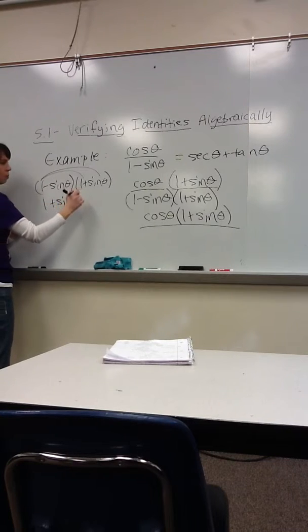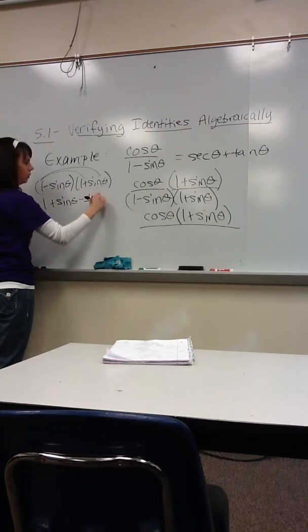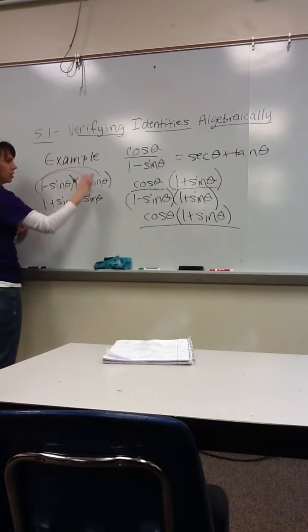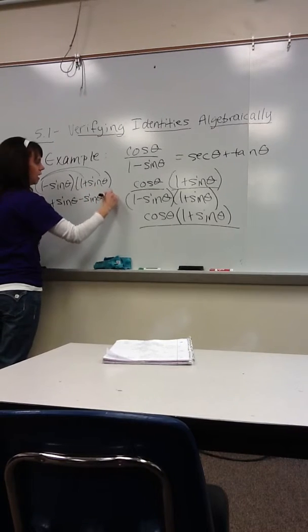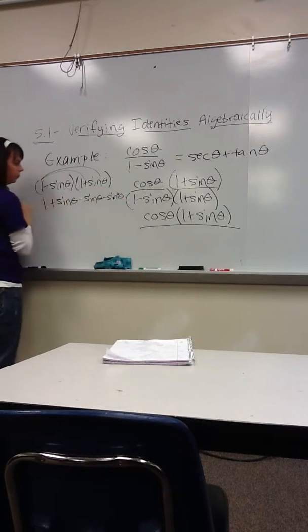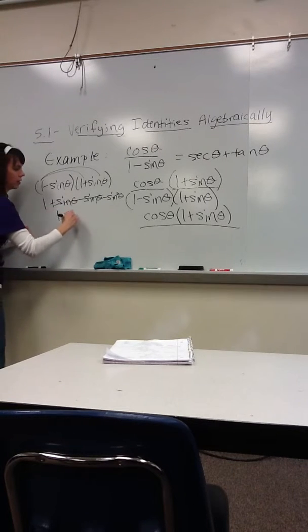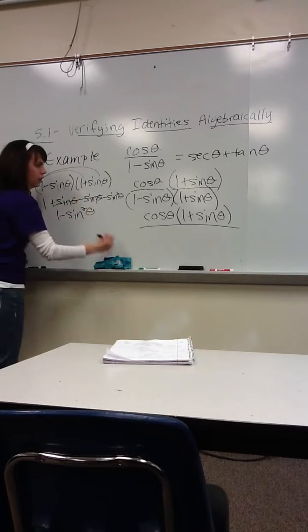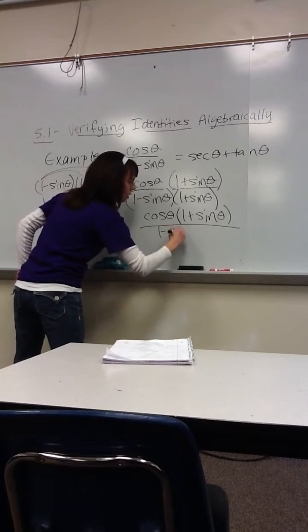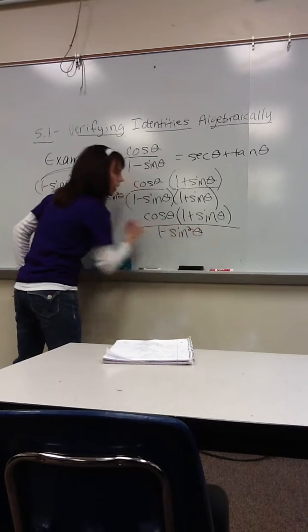Negative sine of theta times 1 is negative sine of theta. And then negative sine of theta times sine of theta is negative sine squared of theta. They cancel out. You're left with 1 minus sine squared of theta. So I'm going to write that down.